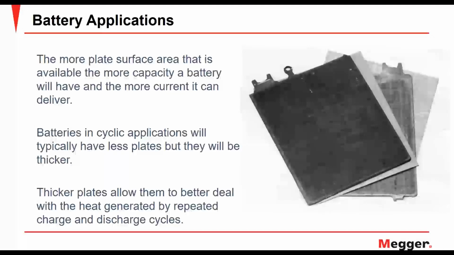Meaning for a cyclic use application, these blades are usually made thicker to be able to handle or transfer the heat more efficiently, thus lasting a longer time in charging and discharging cycles. And they could be created with even thinner layers of blades if they have a different application, like requiring a huge current supply for starting applications or for a temporary short period of time.